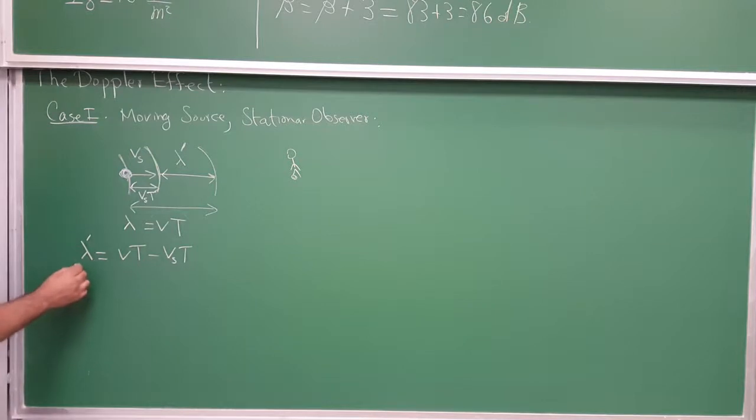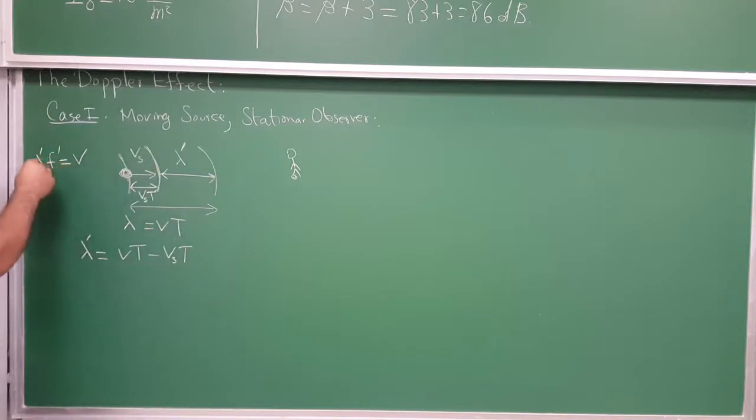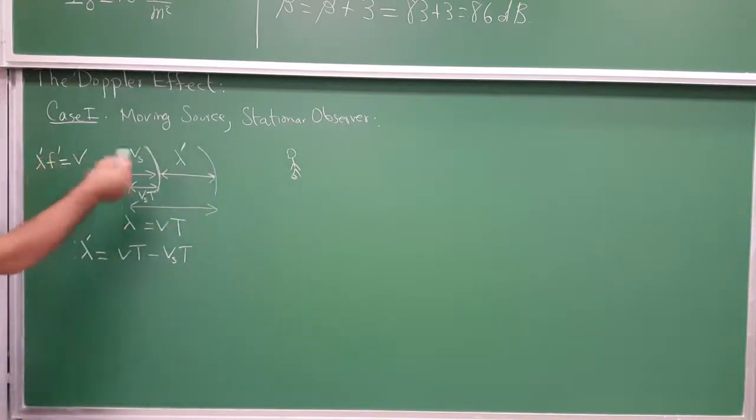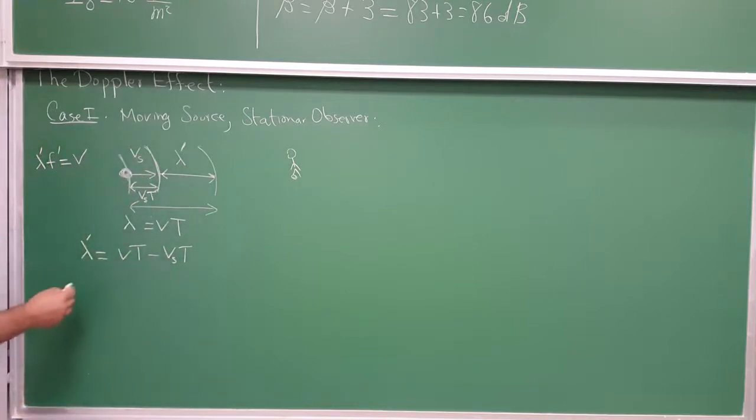So you get lambda prime times f prime equals the speed of sound, where lambda prime will be the new wavelength observed by the observer, and f prime will be the new frequency that the observer hears. Okay, so I'm going to replace this, so lambda prime will equal v over f prime.